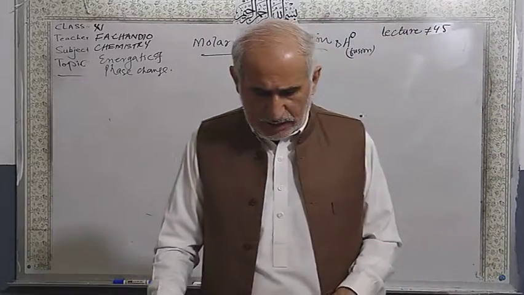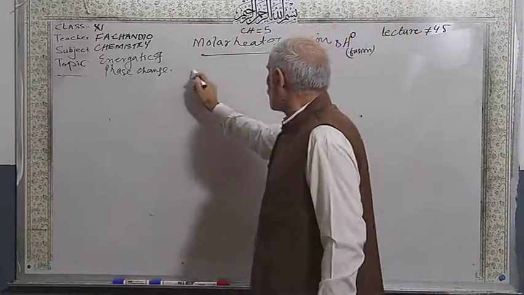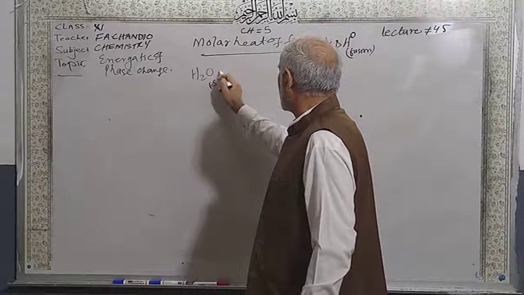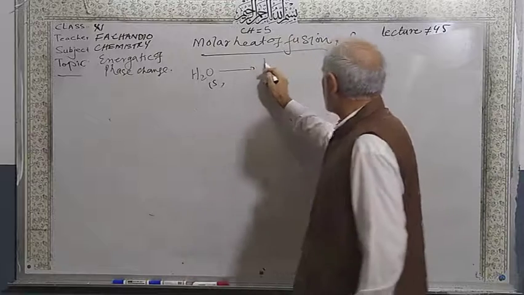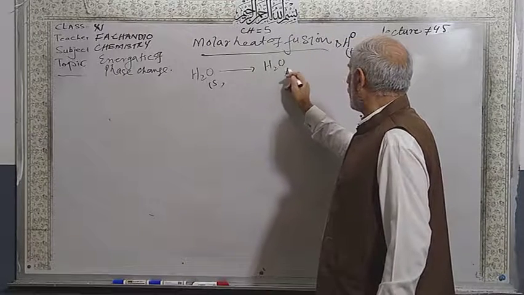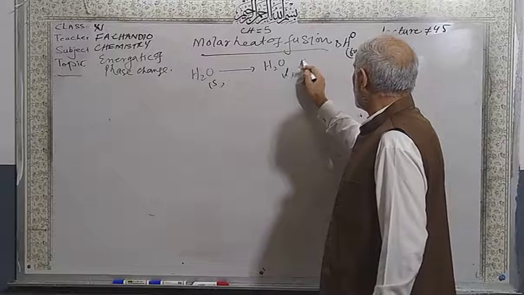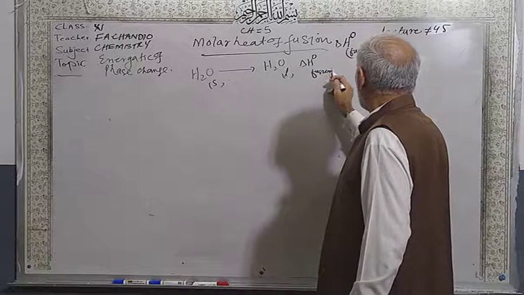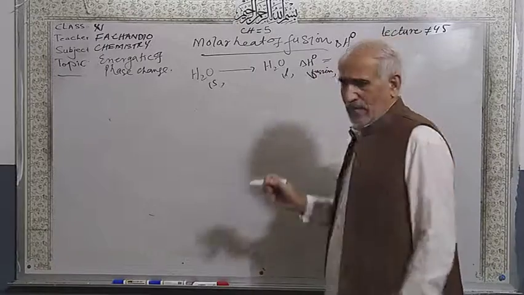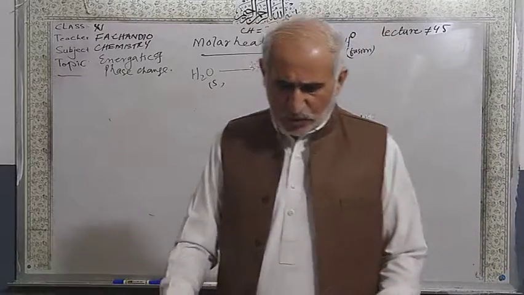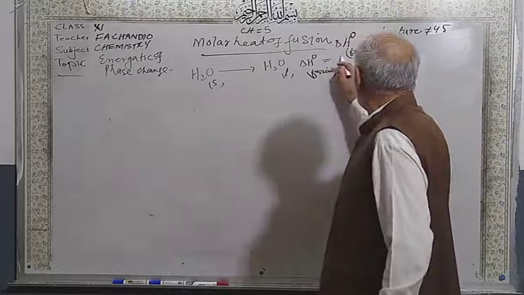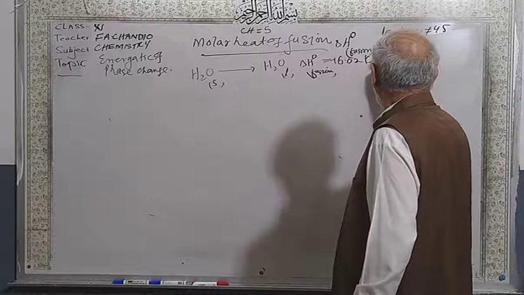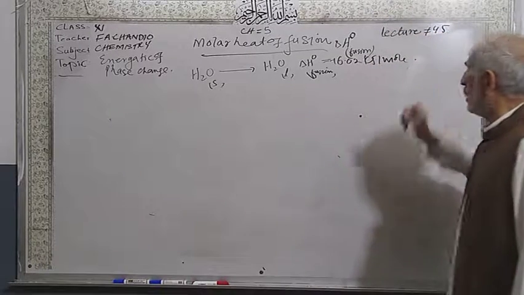So dear students, if you change 1 mole of ice into 1 mole of liquid water, delta H naught for the fusion is plus 6.02 kilojoules per mole.